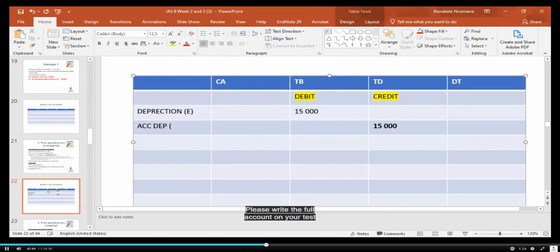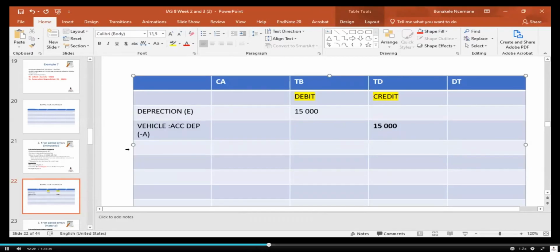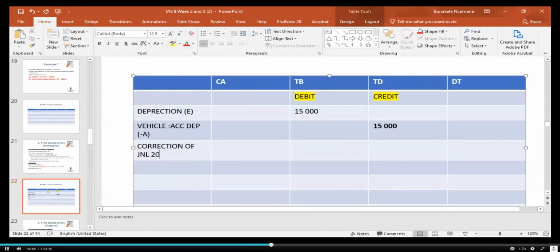Please write the full account on your test, by 15,000. So what is the correct narration? Well, it's a correction of a journal dated 2018.